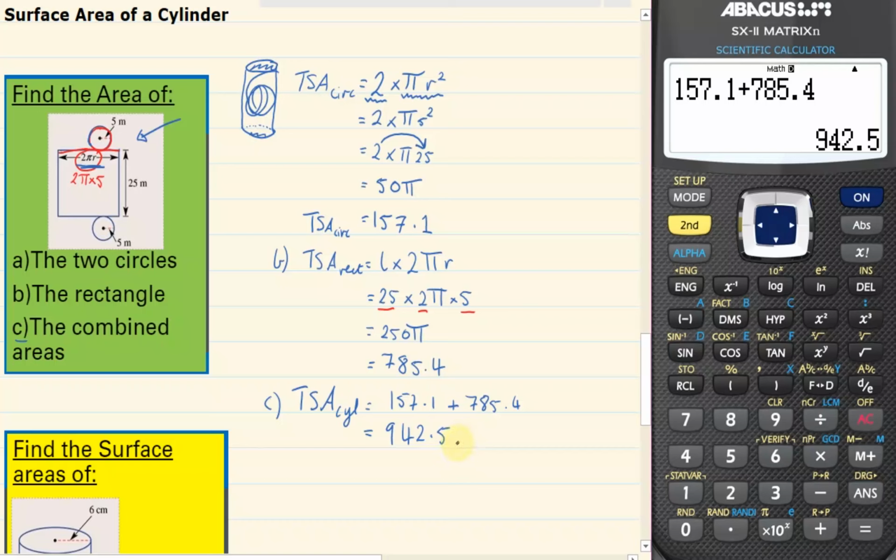And to give it its units, we're finding an area, a calculation based on area. So we'll give it centimeters squared. That's our total surface area of that cylinder right there, broken down to pieces.